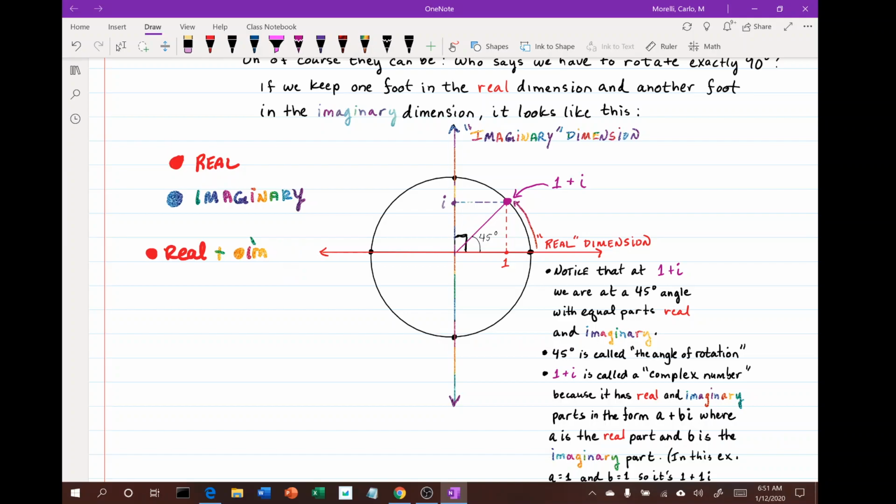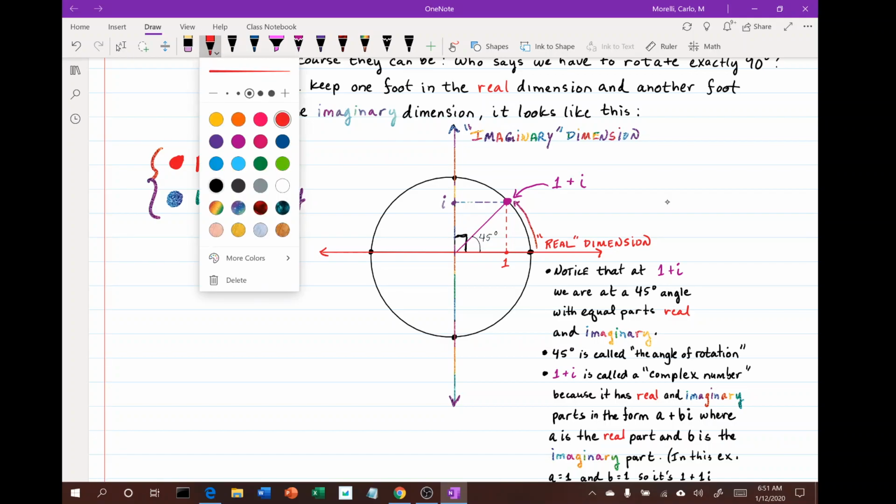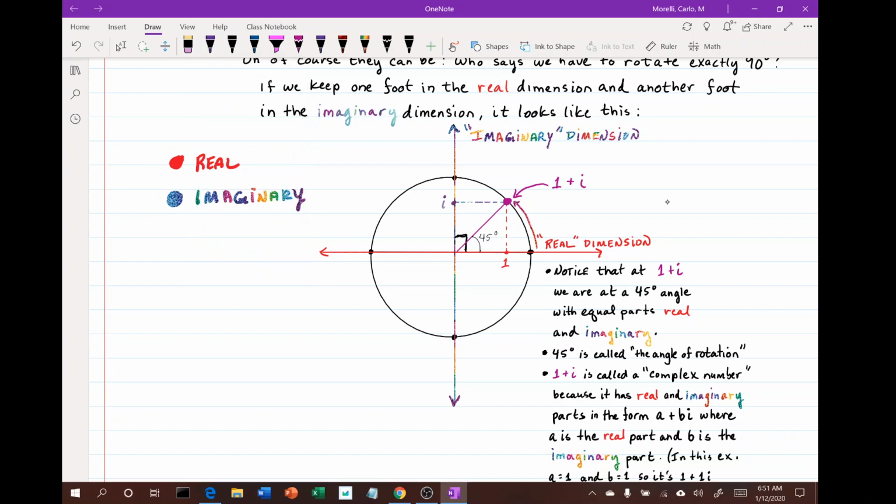So we can have combinations of real and imaginary numbers. When you combine them together, I use this purple color, because it's kind of a blend of these two. When you combine real and imaginary numbers together, they're called complex.